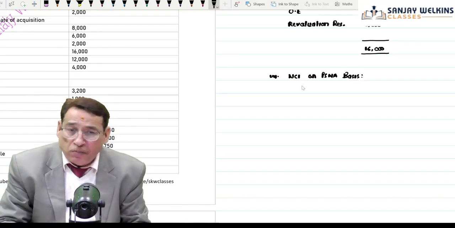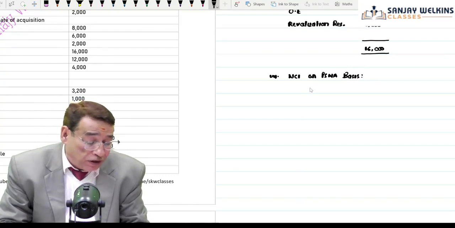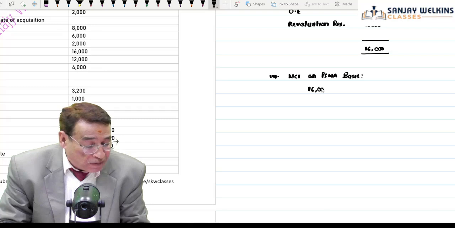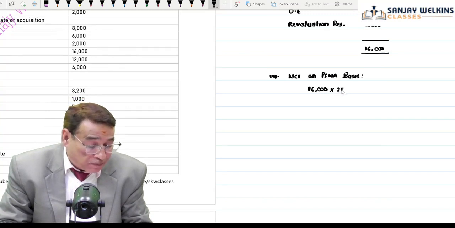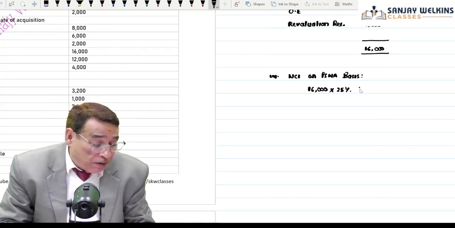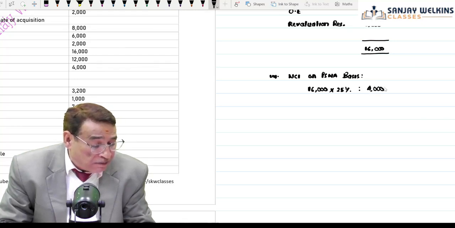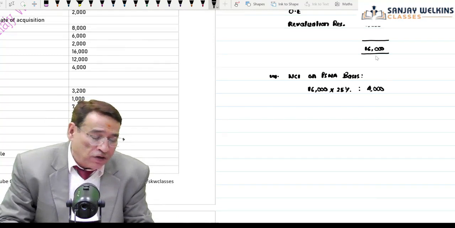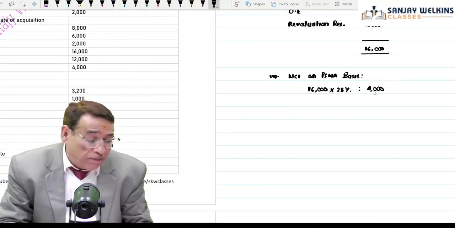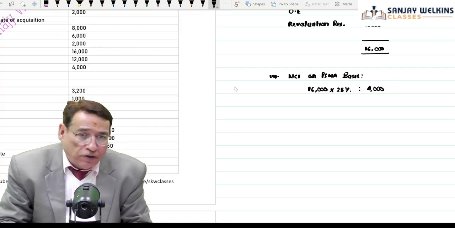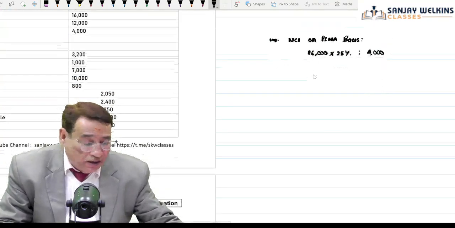To determine NCI on PSNA basis, we take the net assets, that is 16,000, and simply multiply it with the proportion of the NCI. Our proportion is 75%, 25% is the proportion of NCI. So we may say that 4,000 is NCI. 4,000 is NCI means on the date of acquisition, out of whatever net assets your acquired company is having, this much, 4,000 worth of asset, actually belongs to NCI.